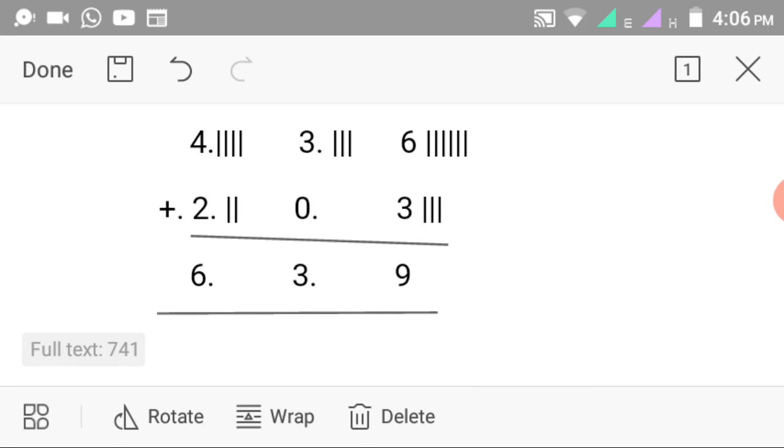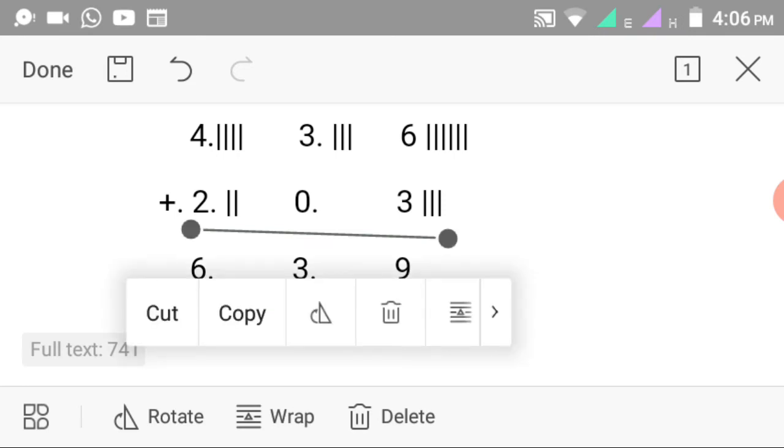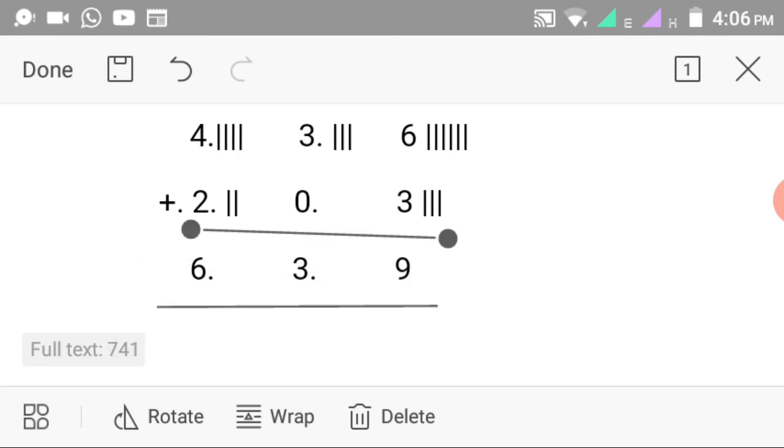Now, I will count my 4. Let's count the 4 together. 1, 2, 3, 4. Now, I will come down and count my 2. 1, 2. Now, I'm going to add it together. 1, 2, 3, 4, 5, 6.